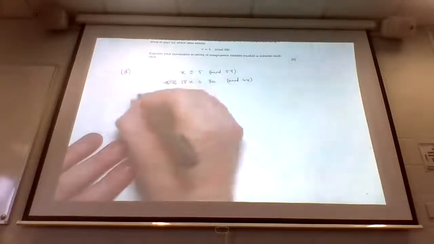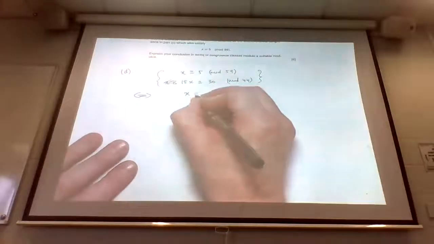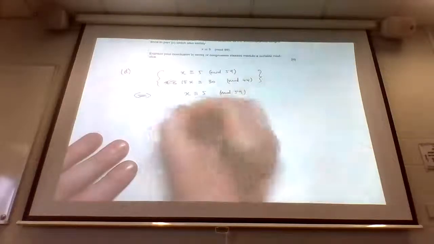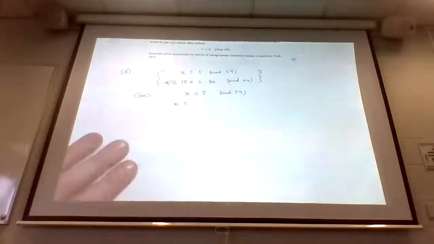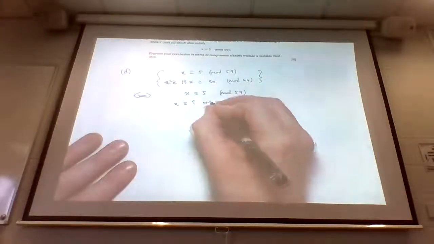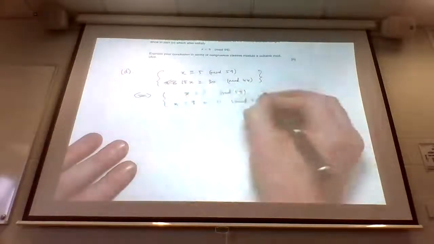But we now know that this system is equivalent to x congruent to 5 modulo 59, and then x congruent to 9 or 31 modulo 44. That's the solution we found from part C.